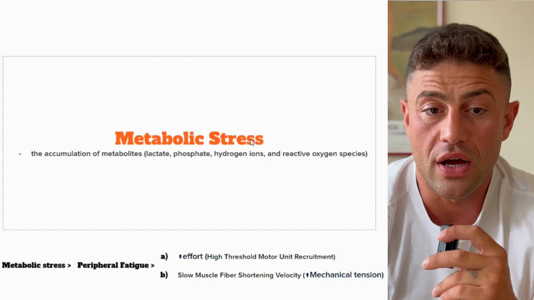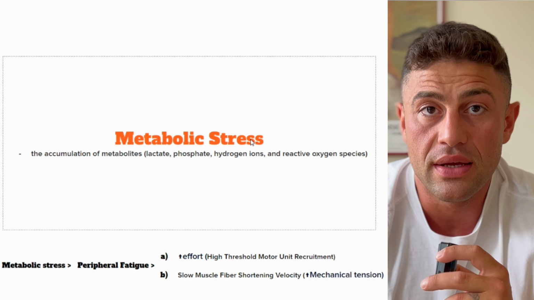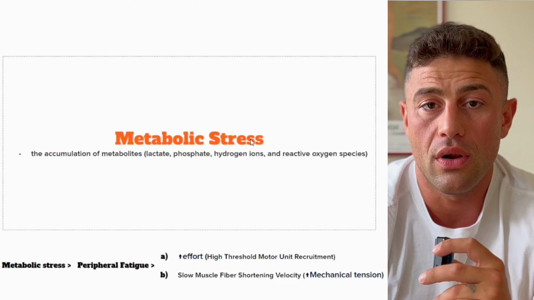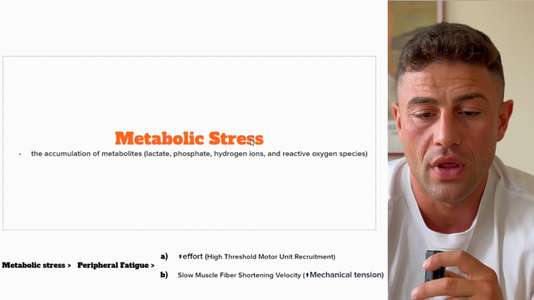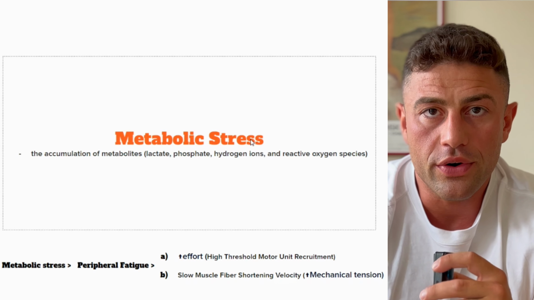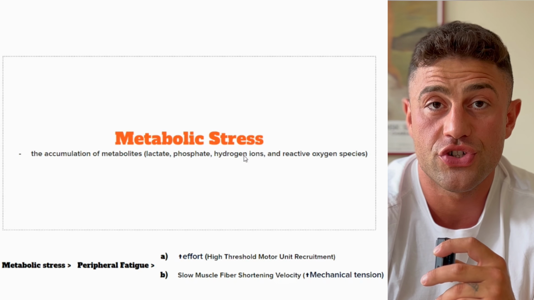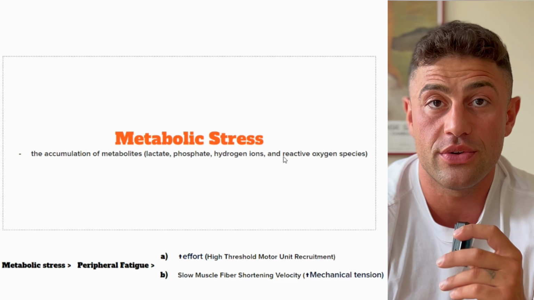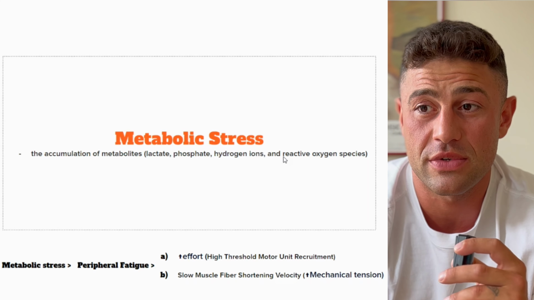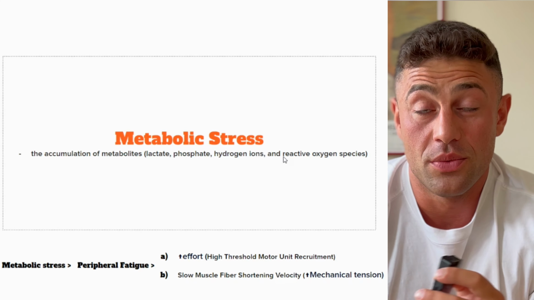You see, muscles turn chemical into mechanical forces, all right? So whenever they're working, there's going to be some byproducts such as lactate, phosphate, hydrogen ions, reactive oxygen species. And I'm not just throwing these terminologies out to make myself sound smarter. These are just metabolites that accumulate inside the muscle.